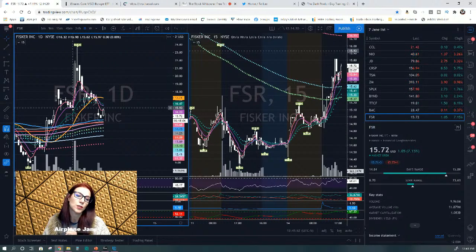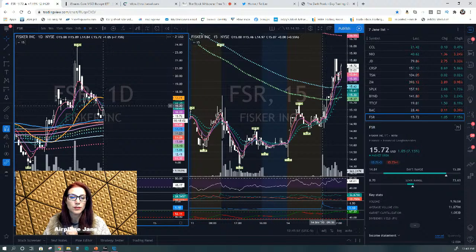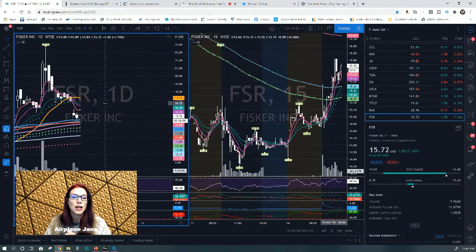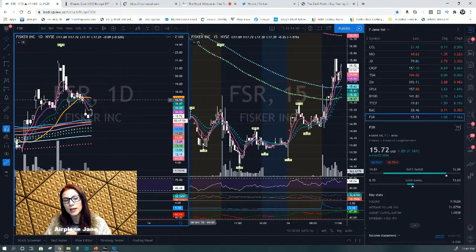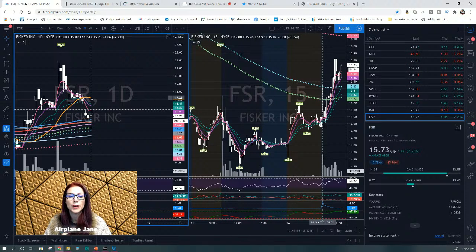Support flipped to be resistance now. So it would need to really break 16 for it to continue in that upward motion, and it's also in a downward trend at the moment. It looks like a bit of a shoulder, head, shoulder, gap down, found support, potential reversal.